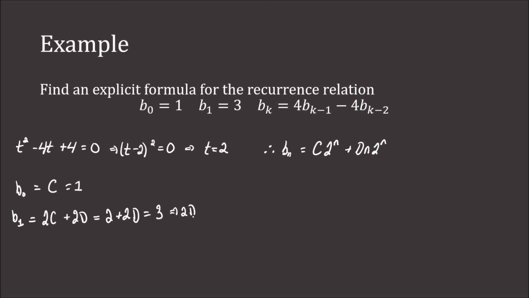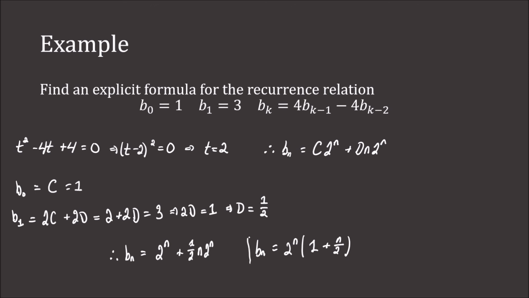So 2 times d is equal to 1, and so d is equal to a half. Therefore, our explicit formula is b sub n is equal to 2 to the n plus 1 half n 2 to the n. If we factor out that 2 to the n, we'll have 1 plus n over 2 left over, and so we can take this as our explicit formula.